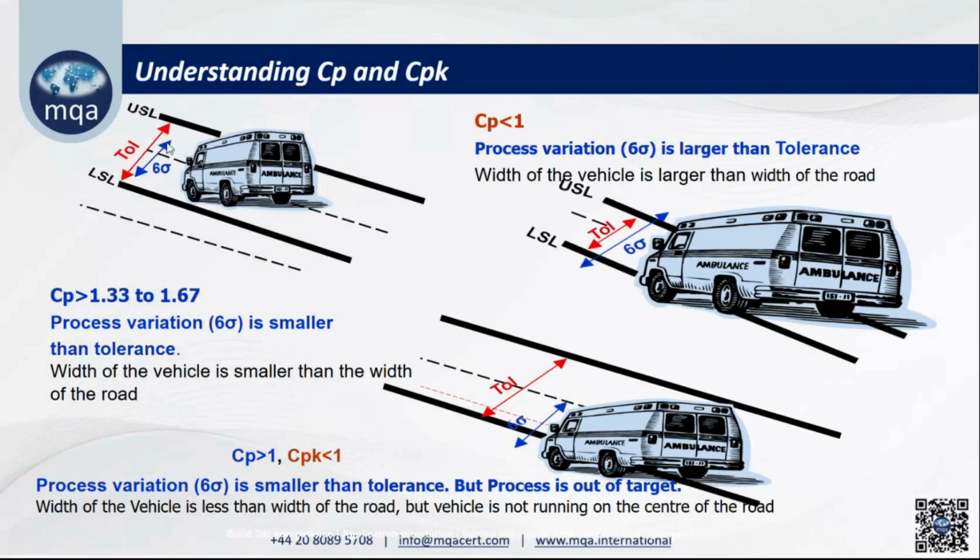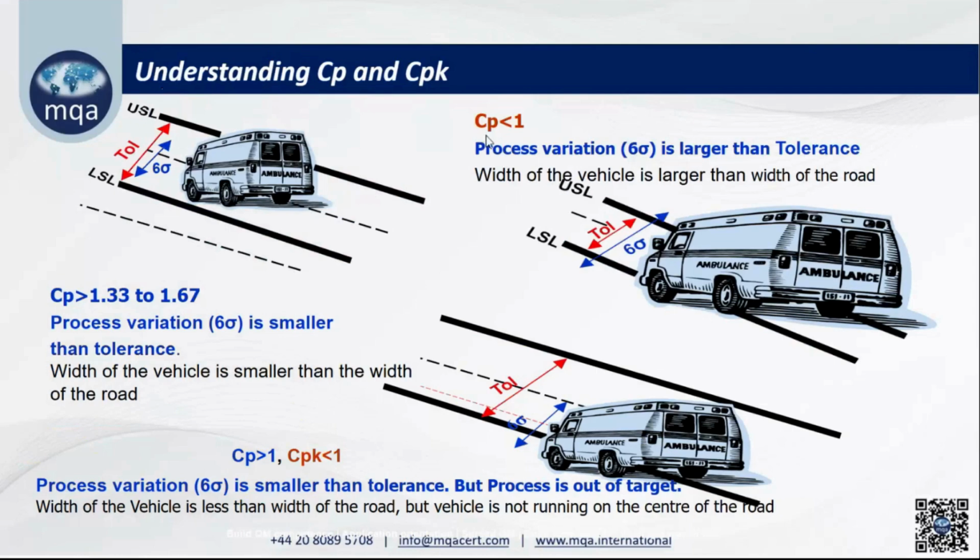The road width is the tolerance, with upper specification and lower specification, and this is 6 sigma. If the process capability is 1.33 or 1.67, this condition is achieved. It has 1/3 of tolerance on either side. If the bus is running and its center is shifted onto the line, it is still within the specification. So we call it 1.33, 1.67.